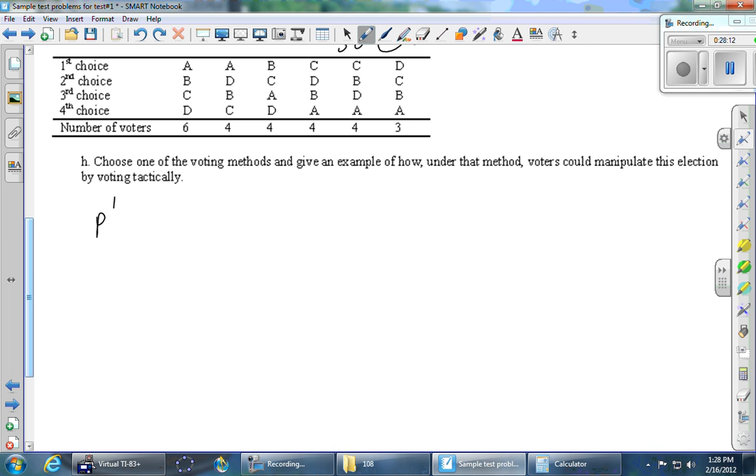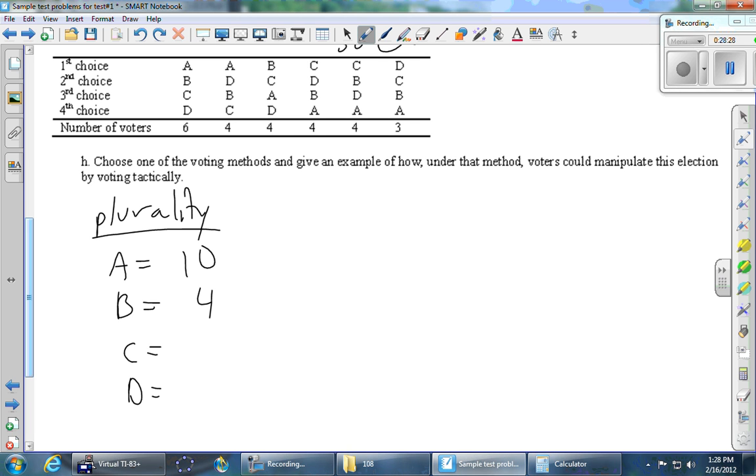All right, let's go back to plurality. It's the easiest one to just look at and list, so I'll write down these numbers one last time. A had 10, B had 4, C had 8, and D had 3. So according to this outcome, A is the winner. So all we need to do is find somebody who didn't like A all that much and get them to change their vote.